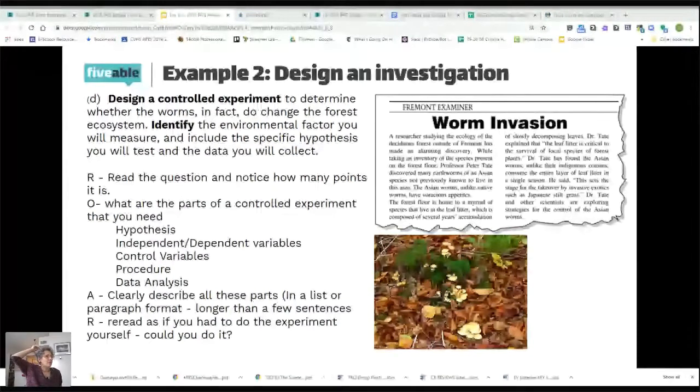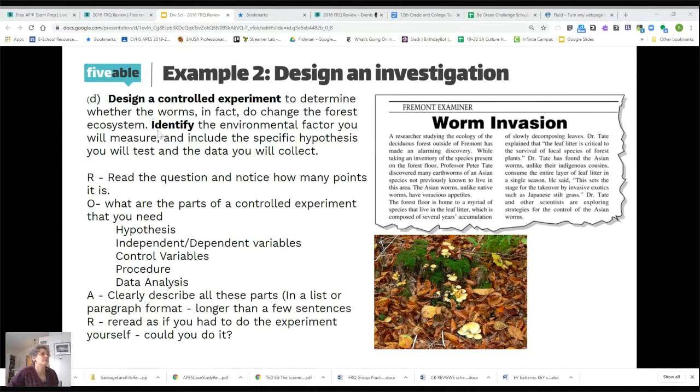Absolutely, but here they're asking you to design it, not to evaluate it. And so you may not need to get there. I think rather it is to design it specifically to address all the limitations that you could. If they said evaluate an experiment, then yes. Here you're identifying the environmental factor you will measure. That is the independent variable, and including your specific hypothesis.